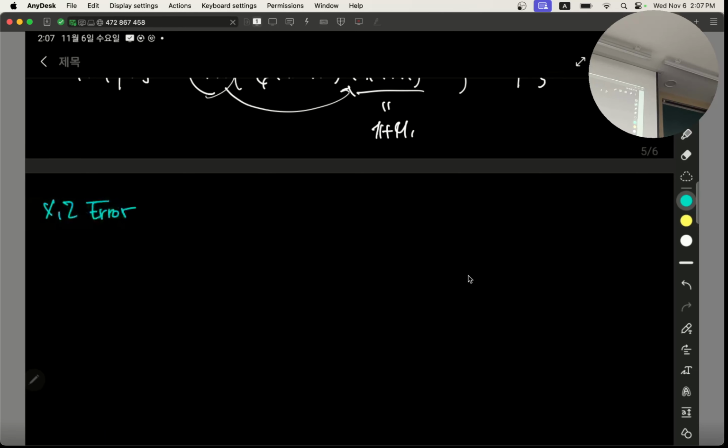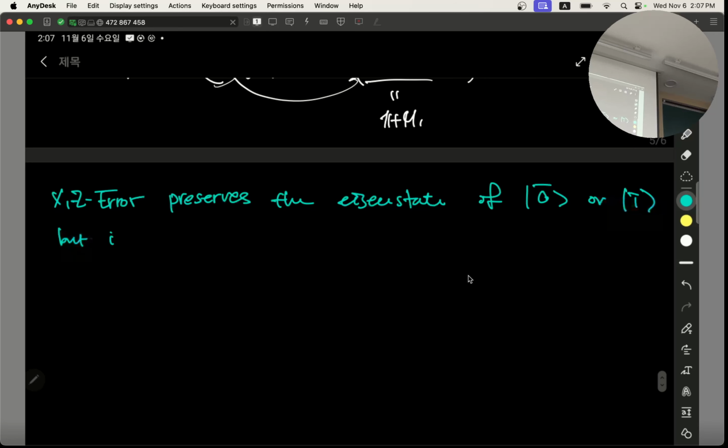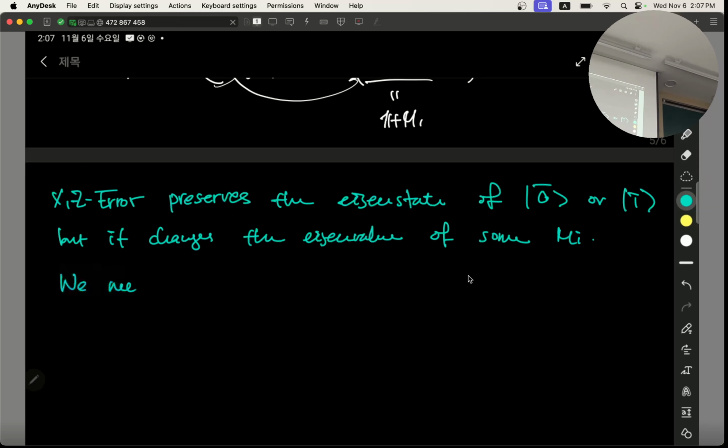So x and z errors preserve the eigenstate of logical 0, logical 1, but they change the eigenvalue of some mi.